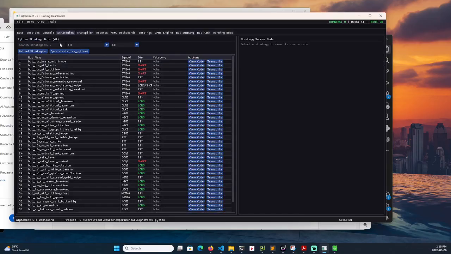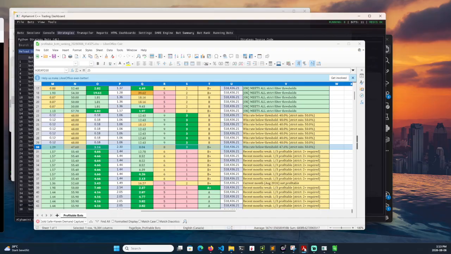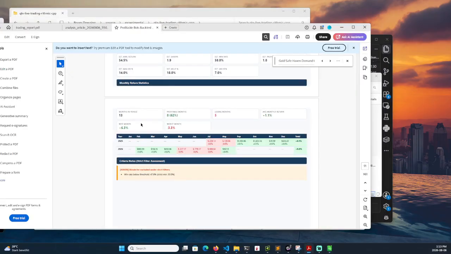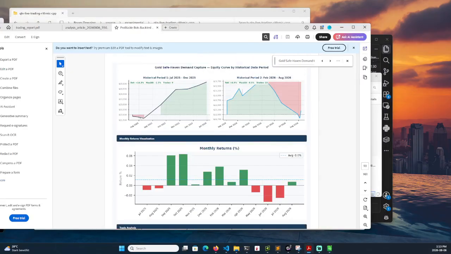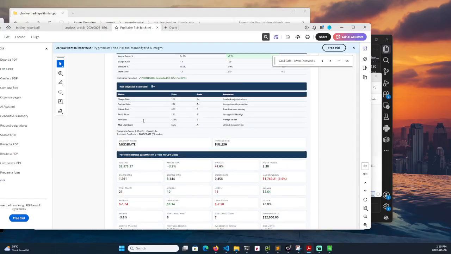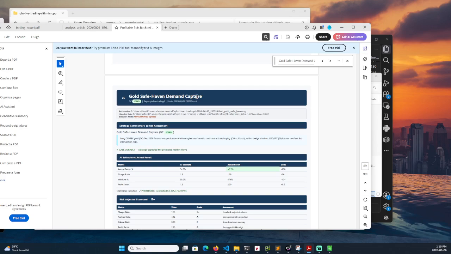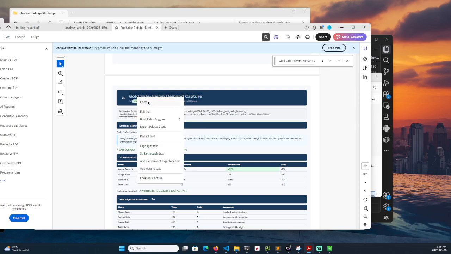let's see if it's in here at all, just to show you the source code equivalent. Okay, so we are looking for this particular strategy, this one right here. Let's see if it exists in the C++ app.